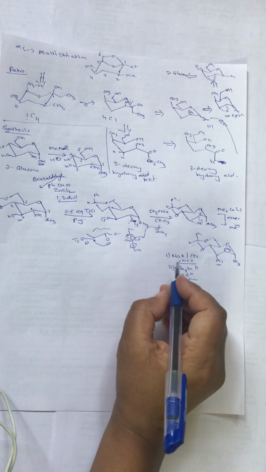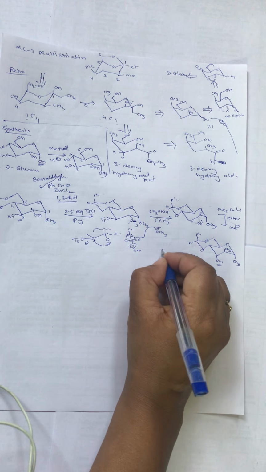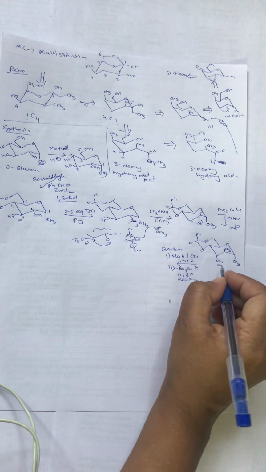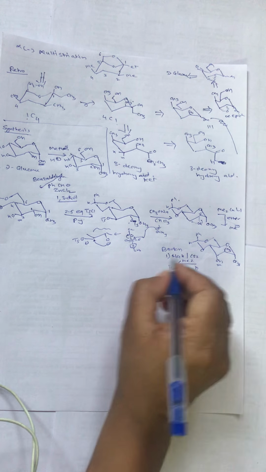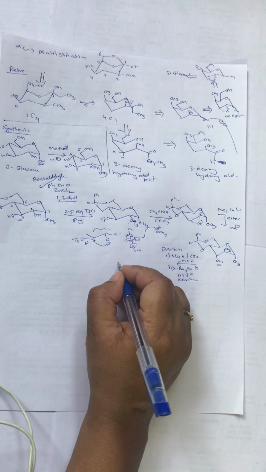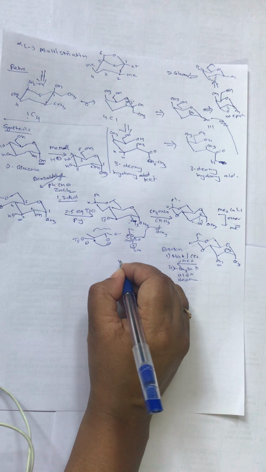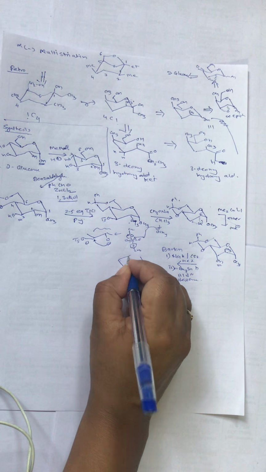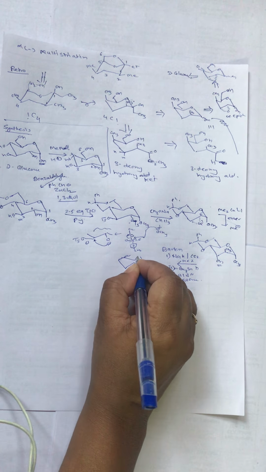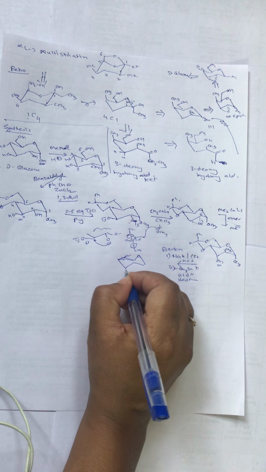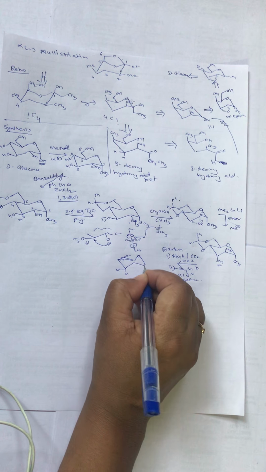So here, as I said, with the Barton protocol we are going to replace this OH by H. The rest of the things will be exactly the same, and we will get the H and H here.